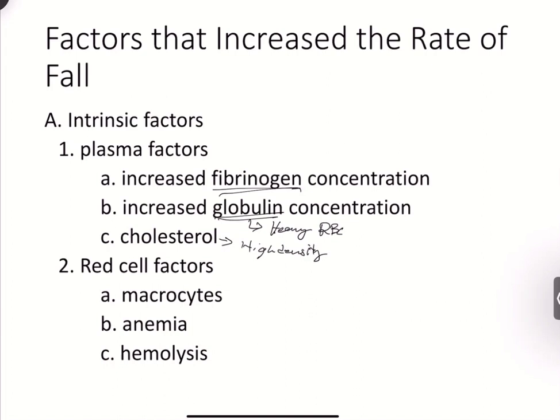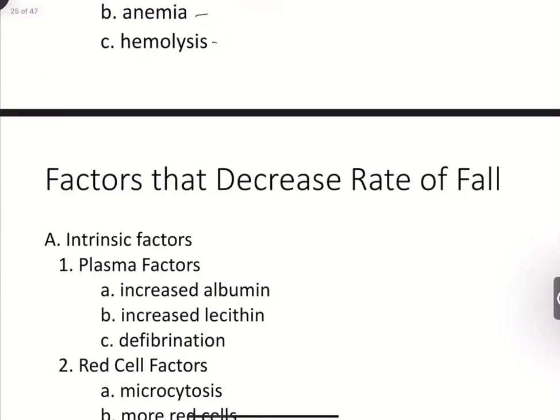Other intrinsic factors in your red blood cell are macrocytes, an increase in size, and anemia, a decrease in count. Anemia can also manifest macrocytosis and hemolysis. Hemolysis can affect your ESR and can increase the fall.